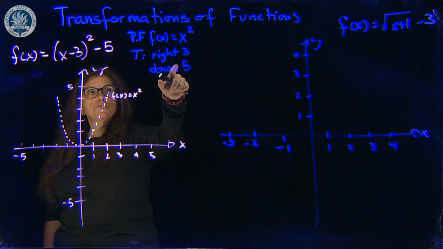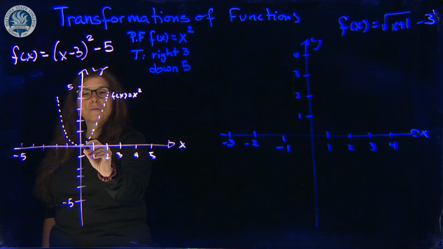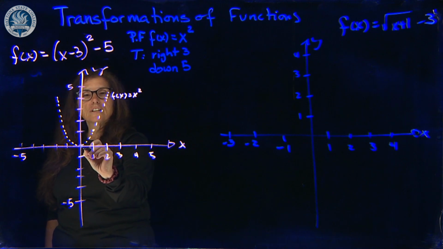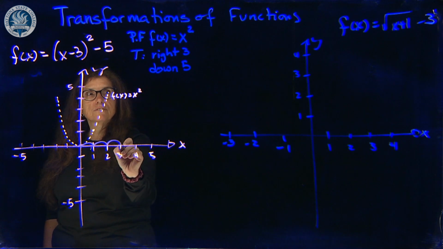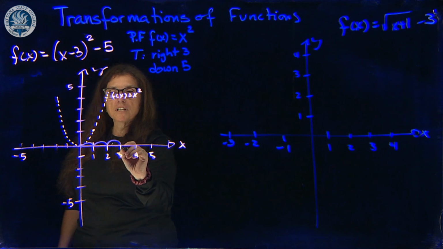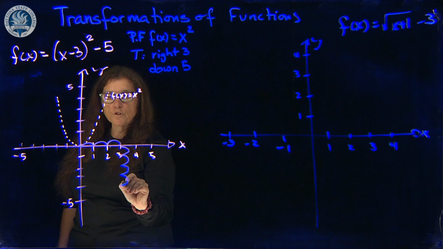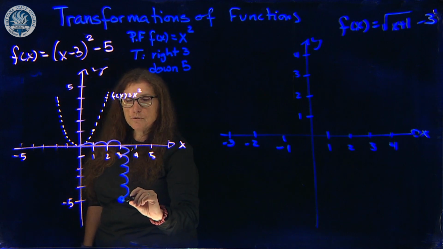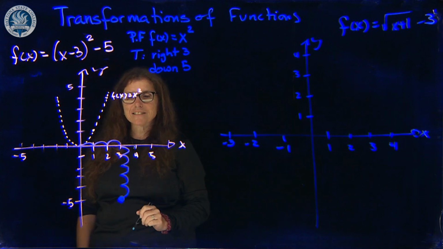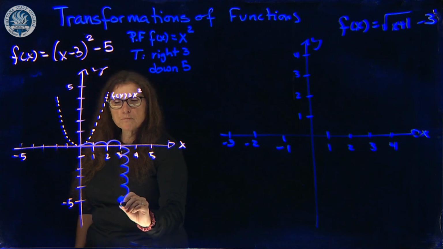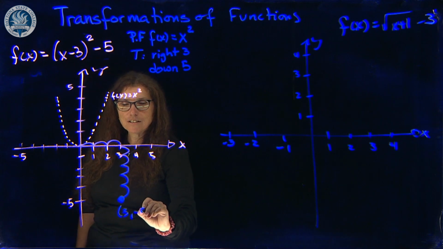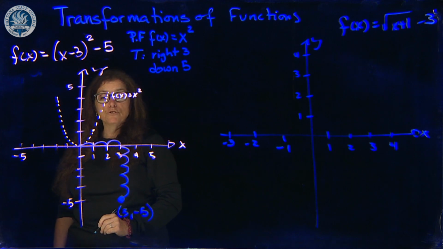From the vertex I go 3 units to the right, 1, 2, 3, and I don't stop here because at the same time I'm going down 5 units, 1, 2, 3, 4, 5. My new point of reference ends up right down here, which is (3, -5). That is my new vertex.